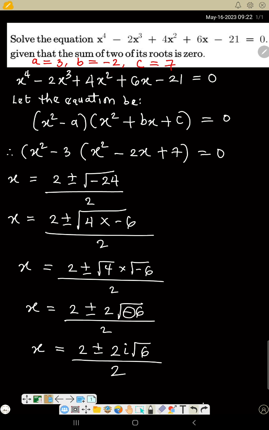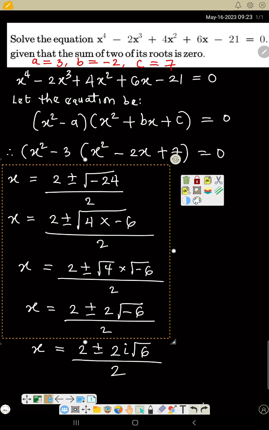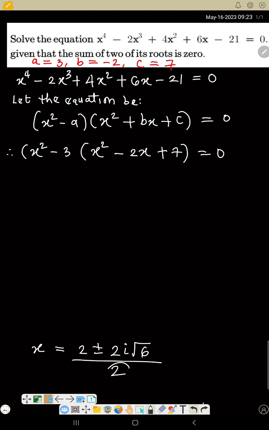Because this i is a complex root, we'll just add our iota i or j, so that we'll have our answer in complex root. So this is the same thing as s is 2 over 2 plus or minus 2i root 6 over 2.